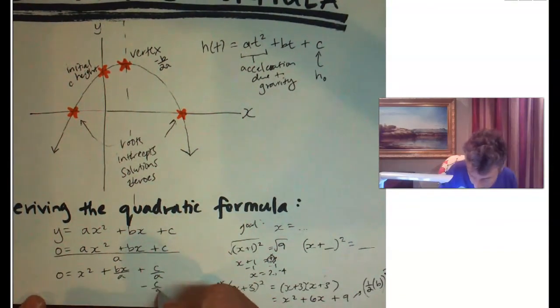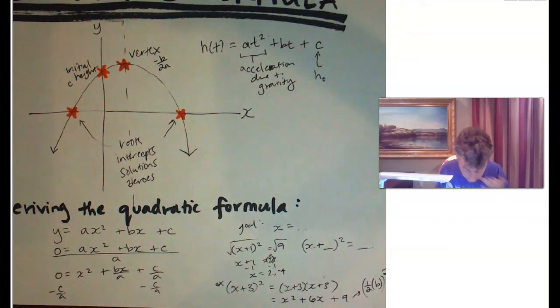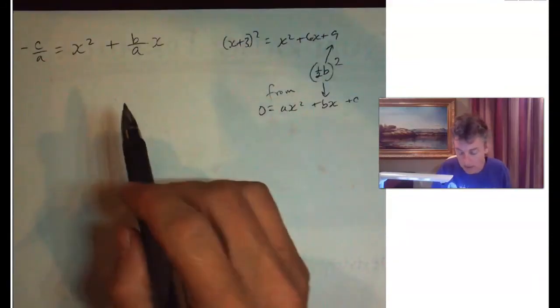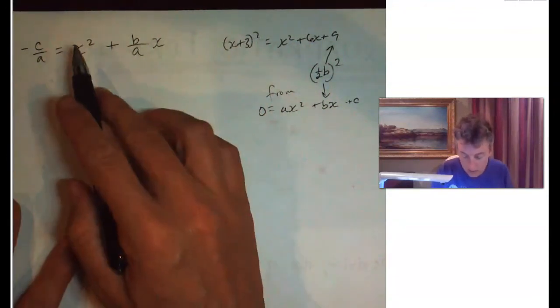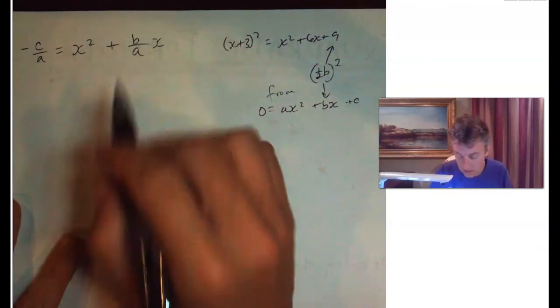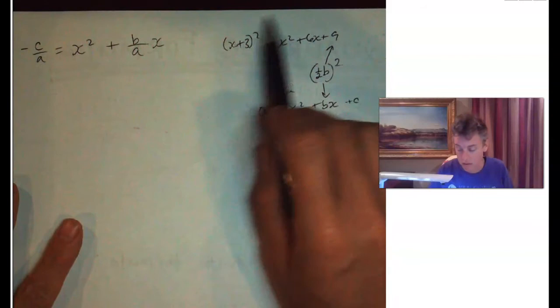Minus c over a, minus c over a. And then I'm going to rewrite this equation on the back of this sheet of paper so we can keep going. So here's where we are. Negative c over a, because we subtracted c over a from both sides, equals x squared plus b over a x. Again, we're trying to go from, this is our muse, from here to here.